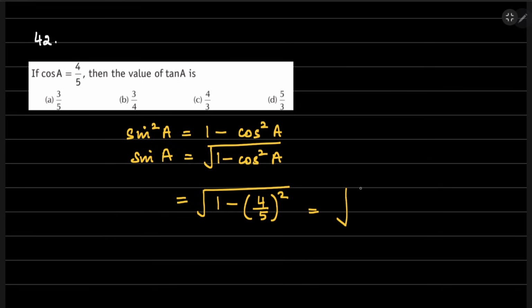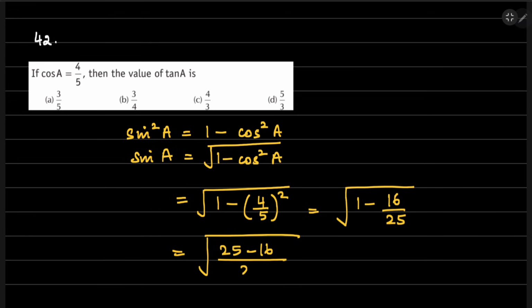So this is equal to square root of 1 minus 16 by 25. Take the LCM. This will be equal to square root of (25 minus 16) by 25, which is square root of 9 by 25. Root of 9 is 3, root of 25 is 5. You have got the sine A value.